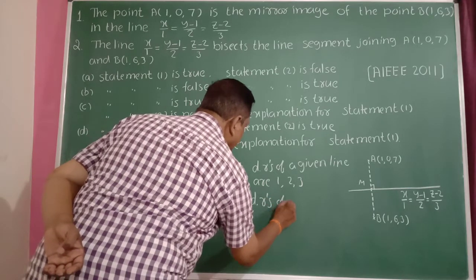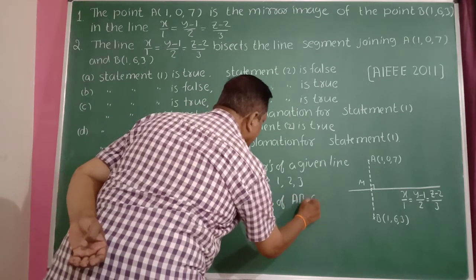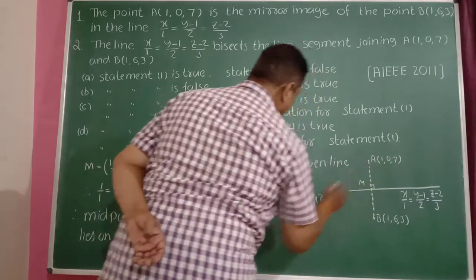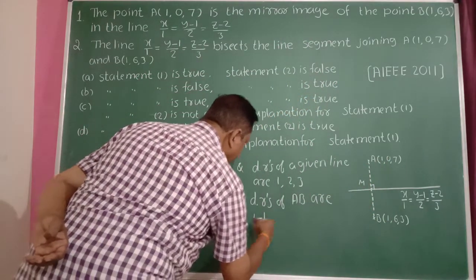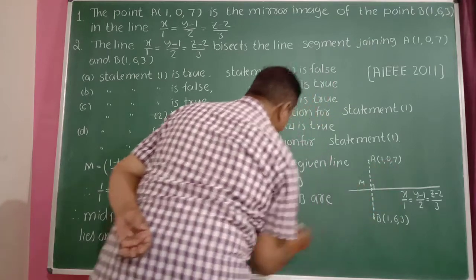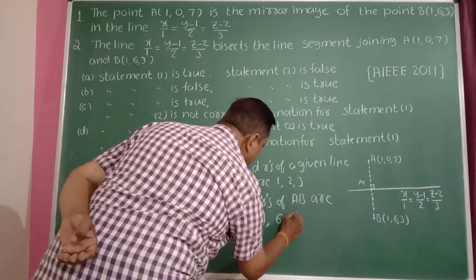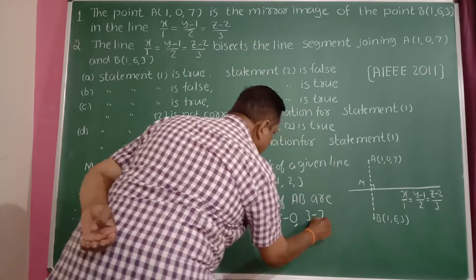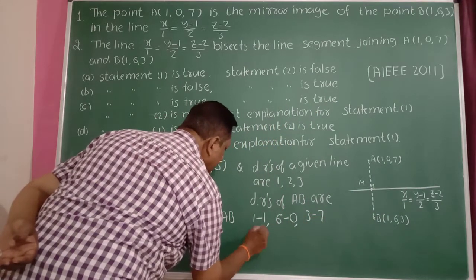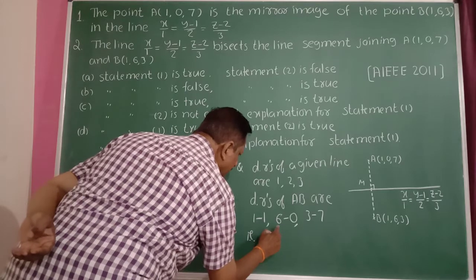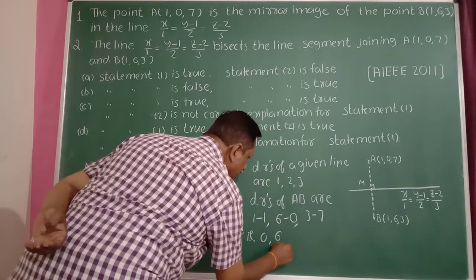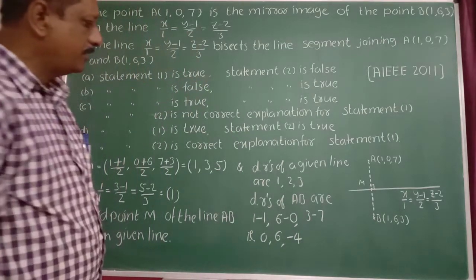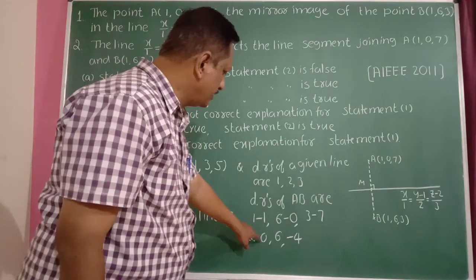direction ratios of AB are 1 minus 1, 6 minus 0, 3 minus 7. That is 1 minus 1 is 0, 6 minus 0 is 6, 3 minus 7 is minus 4.